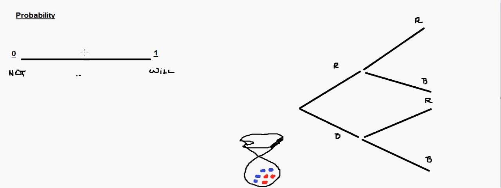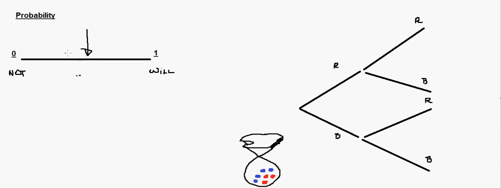For example, if a lady falls pregnant, the probability that she has a girl would be around about the halfway mark, because she can only have a boy or a girl. So the probability would be a half, or 50%, or 1 in 2.